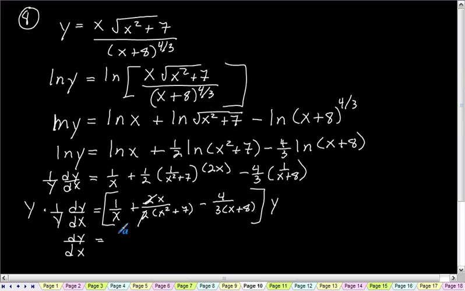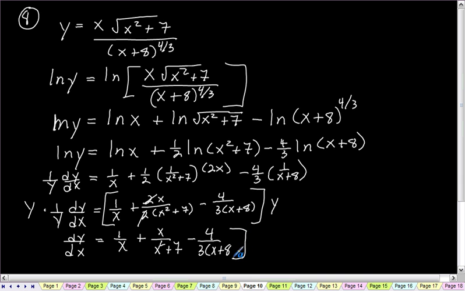So this becomes 1 over x plus x over x squared plus 7 minus 4 over 3 times x plus 8.